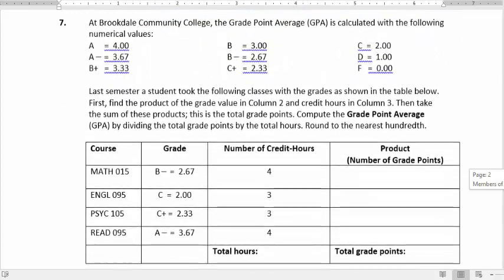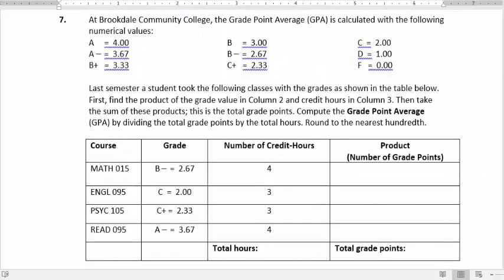And then this grade point average business, this is how you calculate a grade point average. What you basically do is you multiply the number of credits you have in a specific course by what's called the points per credit of the grade you got. So a B minus equates to 2.67 points per credit, and a C equates to 2 points per credit.